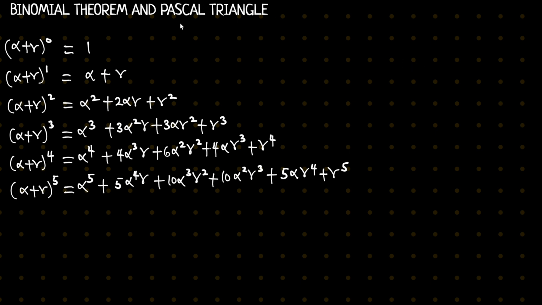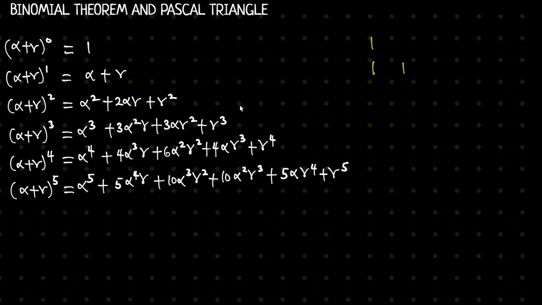If we take a moment to look at this expansion, there is a particular pattern, a kind of hidden one, but we can bring it out. This pattern is such that we're going to extract the coefficients of all the algebraic terms, and for the first one where you have the constant term, we're going to put that out as well. So we have 1, the coefficient of alpha here is 1, and that of gamma is 1.